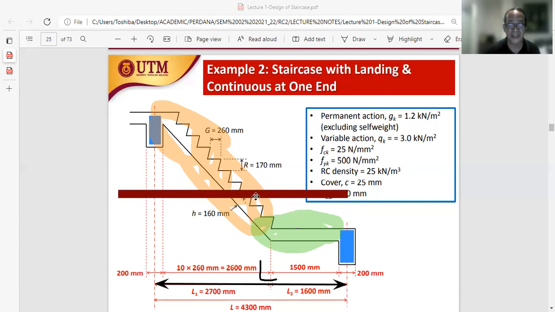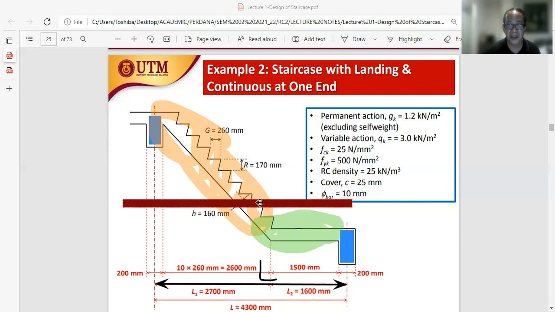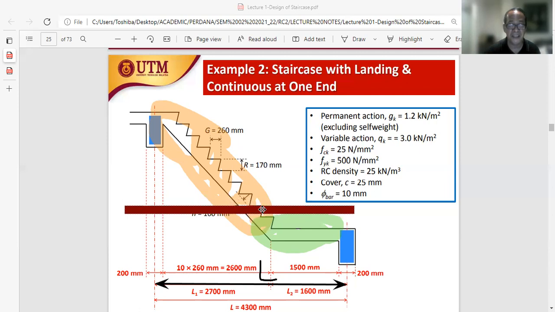This is our staircase. I'm trying to figure out the schematic of this. So this will be our staircase, and the supports will definitely be at the beam locations. We have one support here and another support over here.